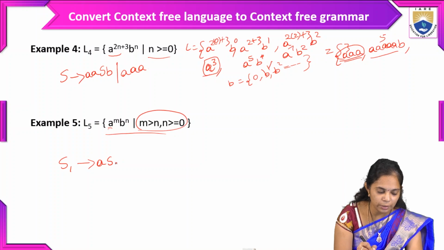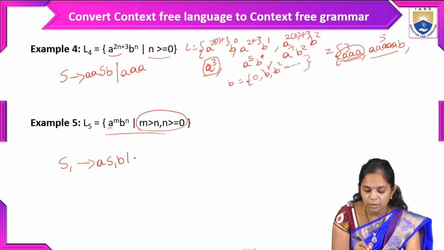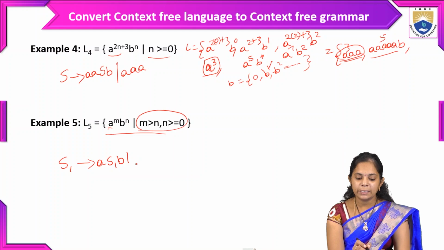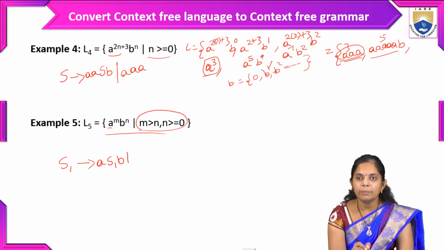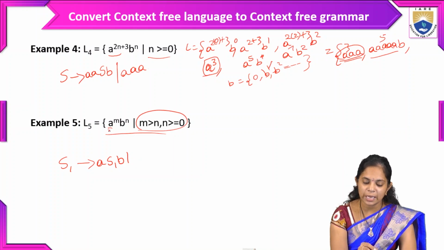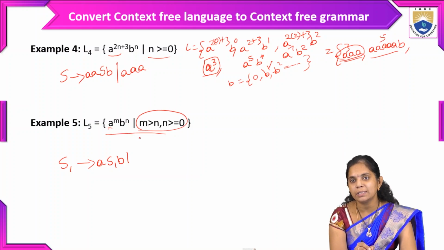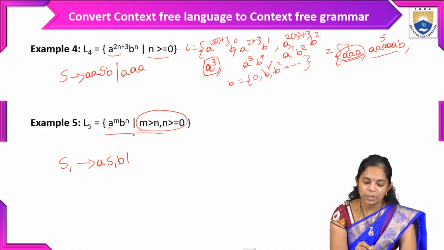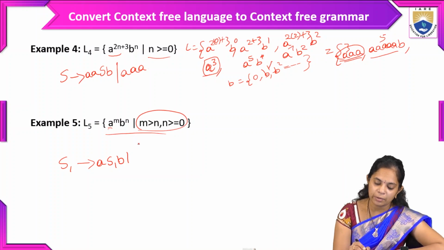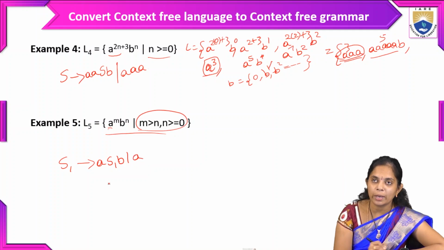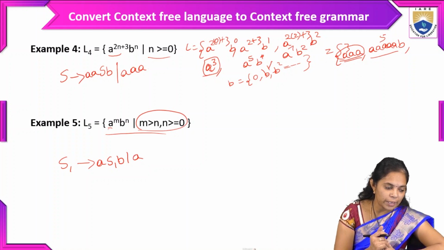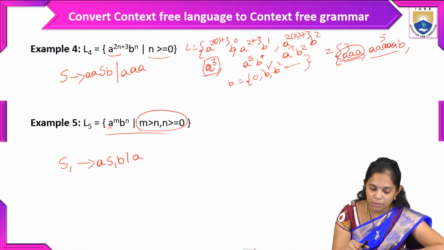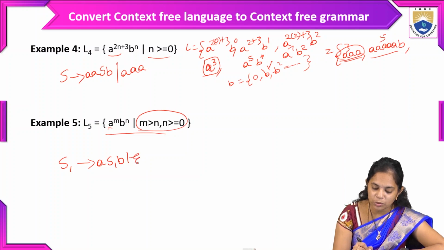Then A S1 B, and here m is greater than n. So the value of A is more than B, since A is followed by B, right? So that minimum is A power 1, one value. So we need to write like that, and for this we will write lambda or epsilon, and we will write the same thing.